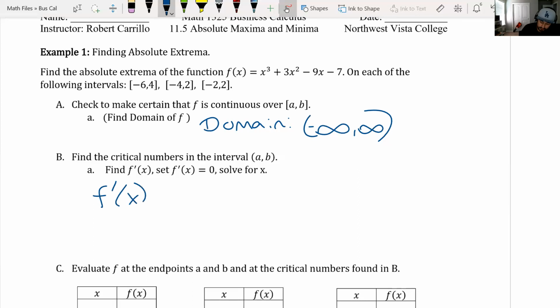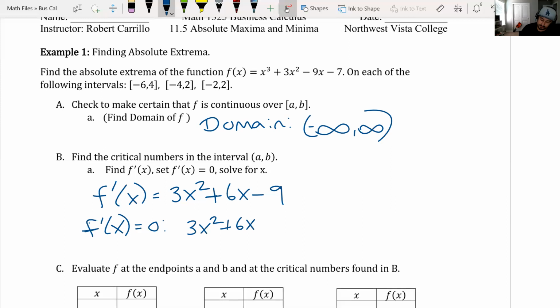So f prime of x is equal to 3x squared plus 6x minus 9, and then set it equal to 0. We get 3x squared plus 6x minus 9 equal to 0, and solve for x. First thing I can do is get rid of the 3.